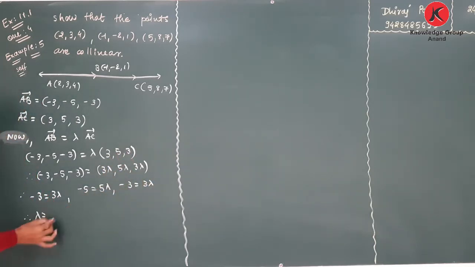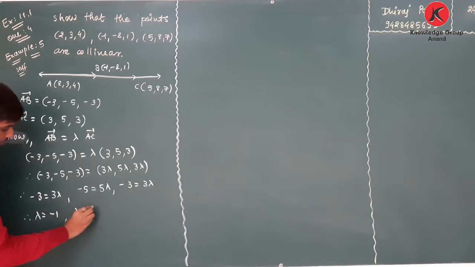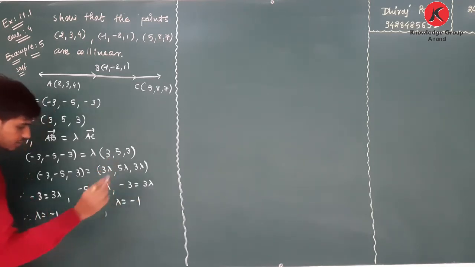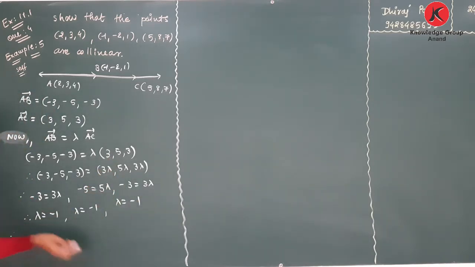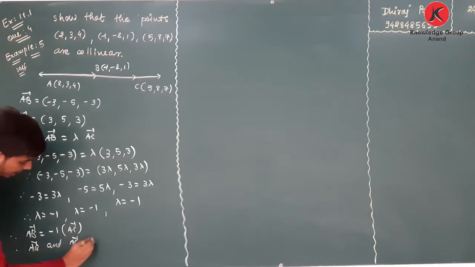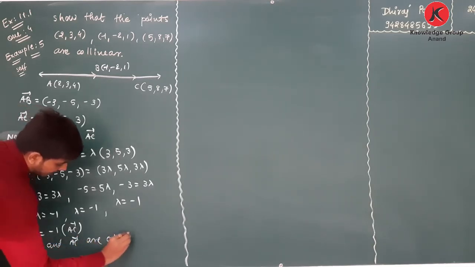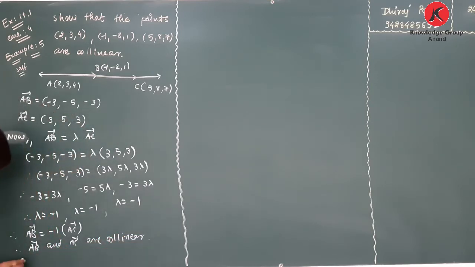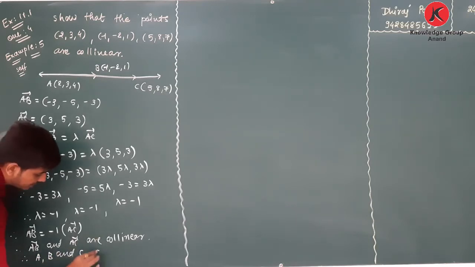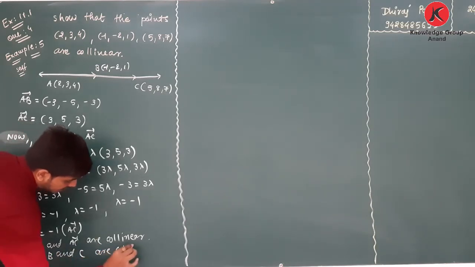Therefore lambda equals -1 from each of these. Therefore we can say that AB equals -1 into vector AC. Therefore AB vector and AC vector are collinear vectors. If they are collinear, then we can directly say that points A, B and C are also collinear.